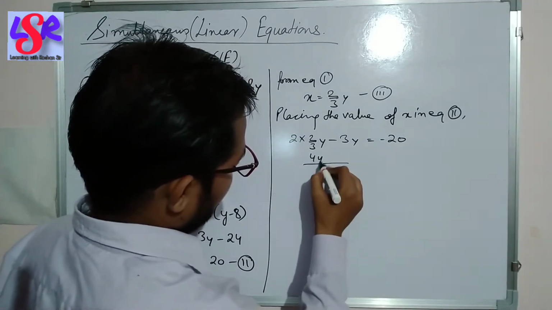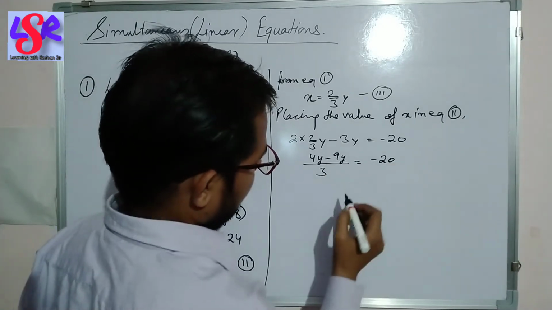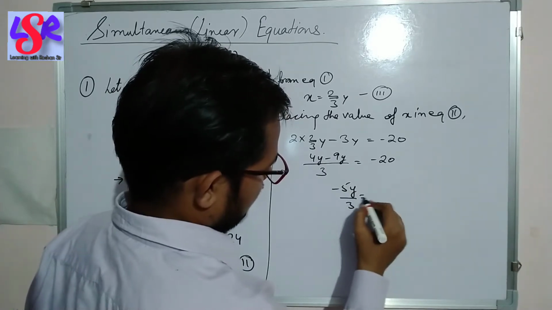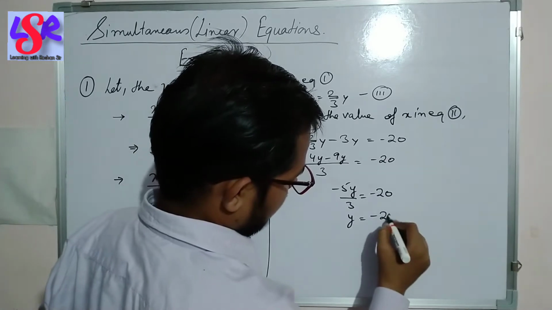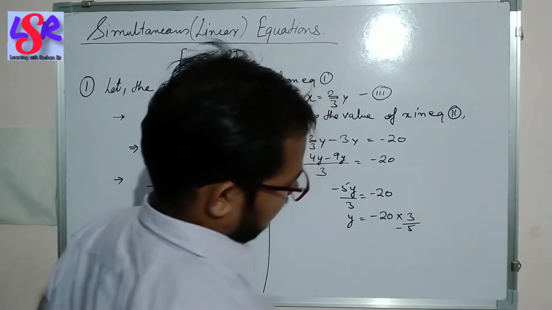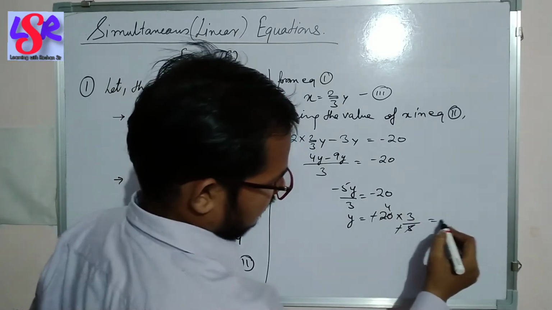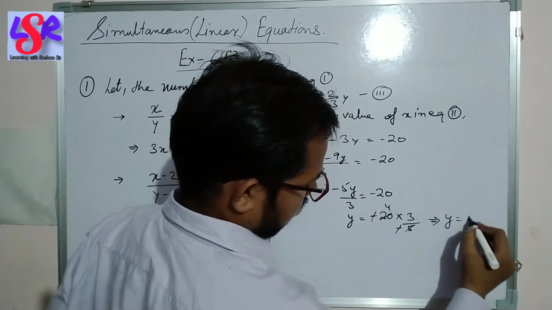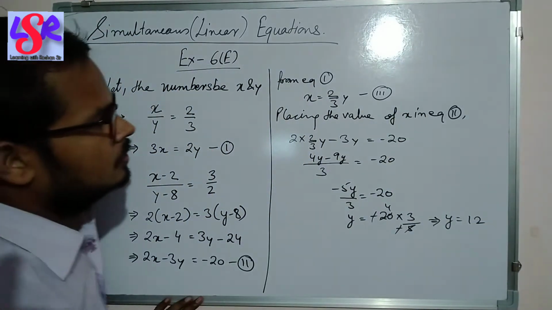This will be 4y minus 9y equals minus 20, and here this is minus 5y upon 3 equals minus 20. So y equals minus 20 into 3 upon minus 5. This is cancelled out and we get 4, that is y equals 12.